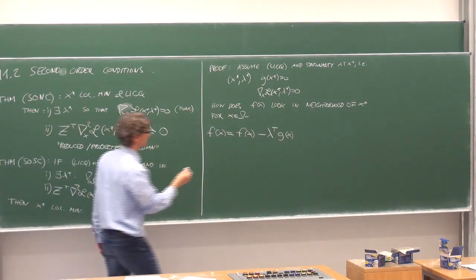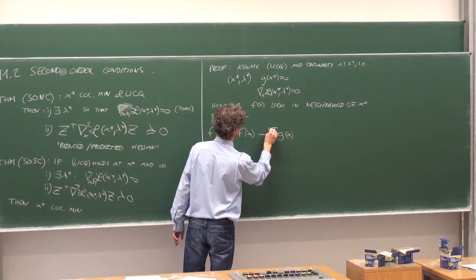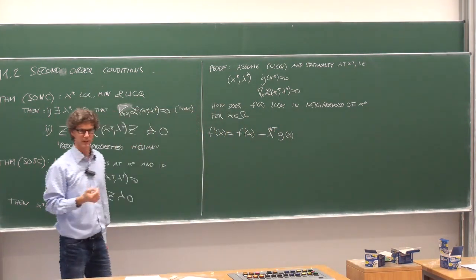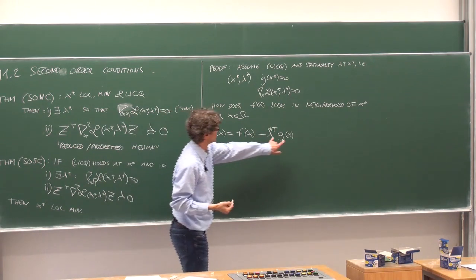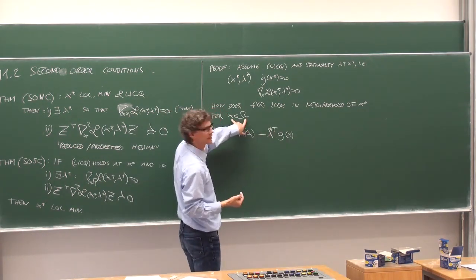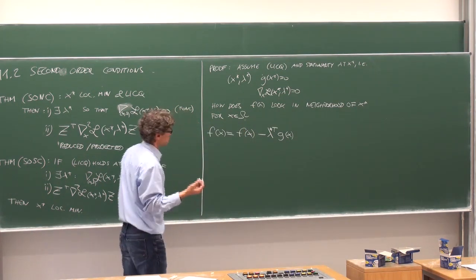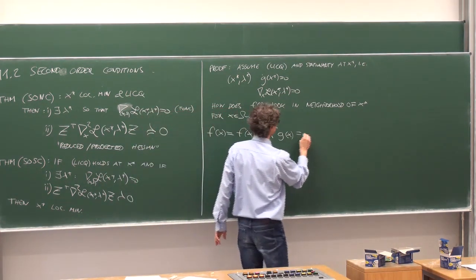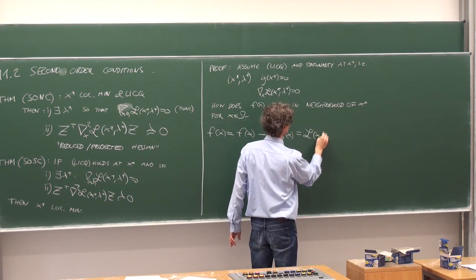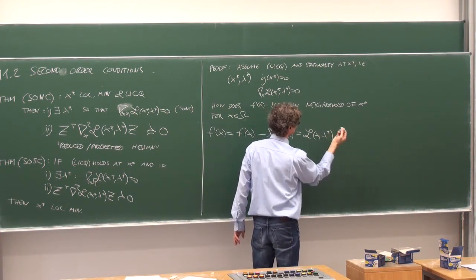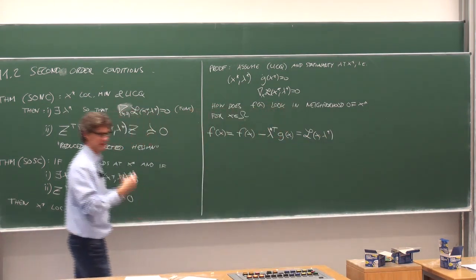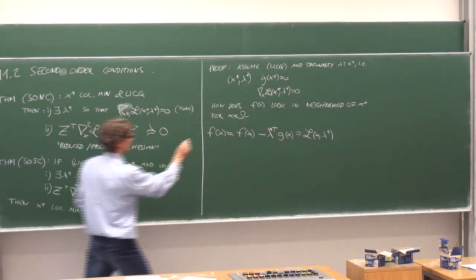I take lambda star, this optimal value. I can do that because g of x for all feasible x is 0. So it's actually equal to the Lagrangian function of x and lambda star. That's it. So there's equality for x in the feasible set.